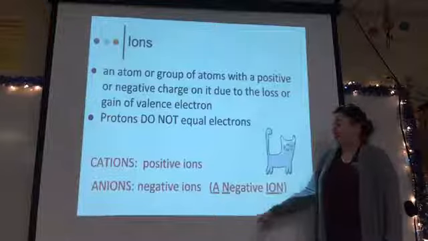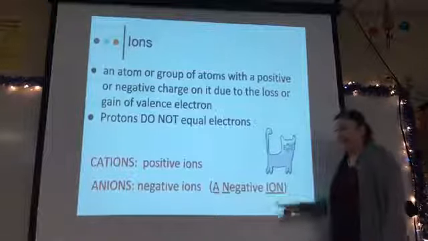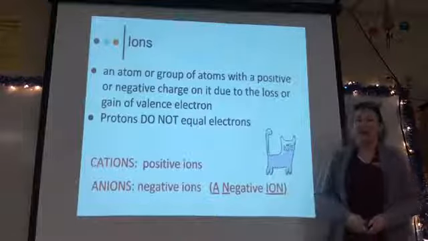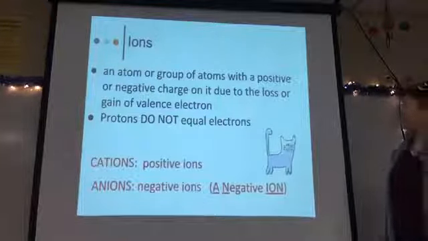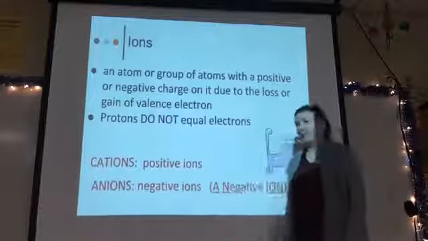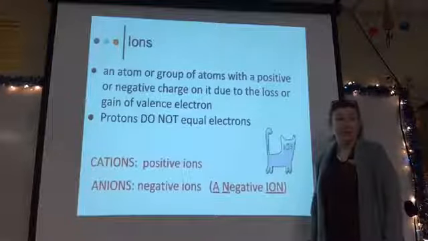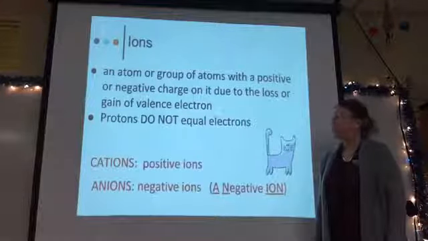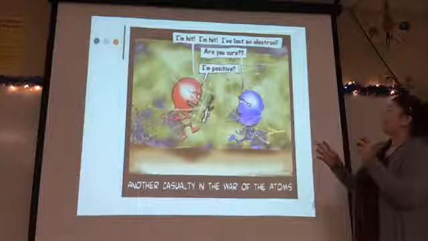Anions, I came up with a negative ion. An anion is a negative ion. So cations are positive, anions are negative. So far so good? Oh no, I'm hit. I've lost an electron.